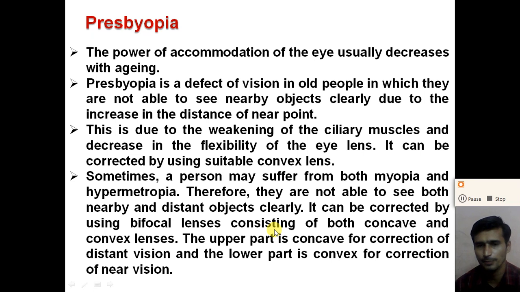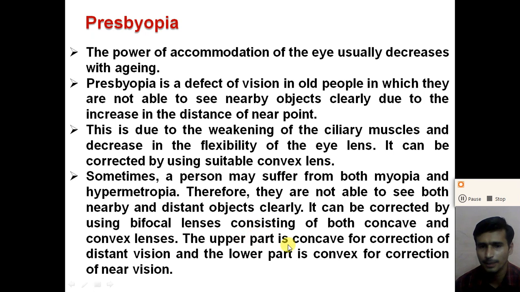A bifocal lens has both concave as well as convex lenses. Bifocal lens means a combination of the concave lens as well as the convex lens.